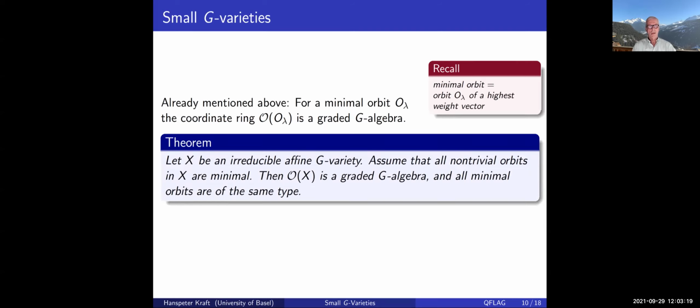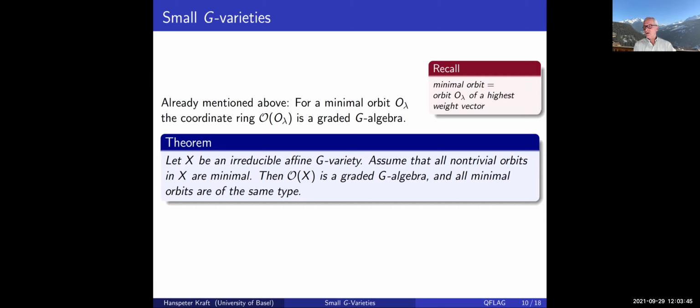Theorem. Start with an irreducible affine G-variety. Assume that all non-trivial orbits in X are minimal. Then, in fact, OX is a graded G-algebra, and all minimal orbits have the same type. So here you see we have exactly what we were looking for.